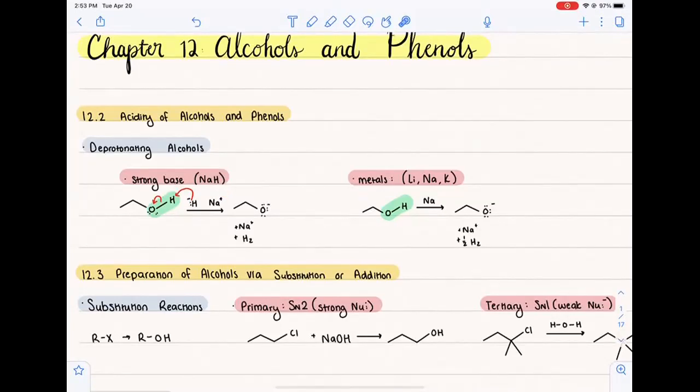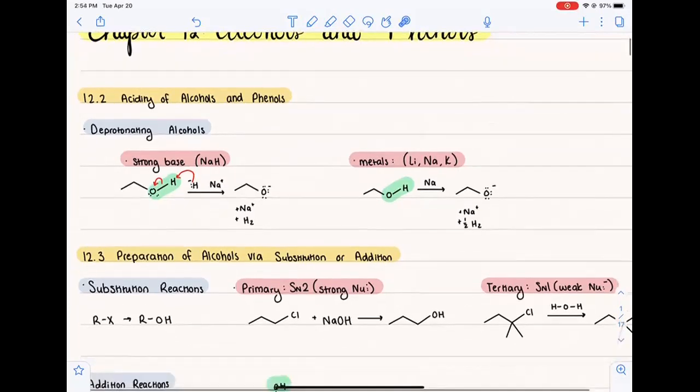You can do it with a strong base like NaH, and then we can see that this hydrogen becomes a hydride and grabs that hydrogen on that OH, leaving it like this. And then we can also do metals. There weren't really arrows in your book, so I didn't pay too much attention to how that actually happens. I will say though that maybe the half of H2 could be important, who knows.